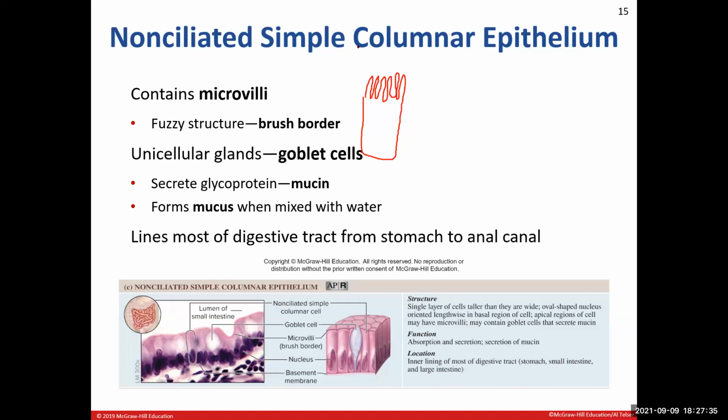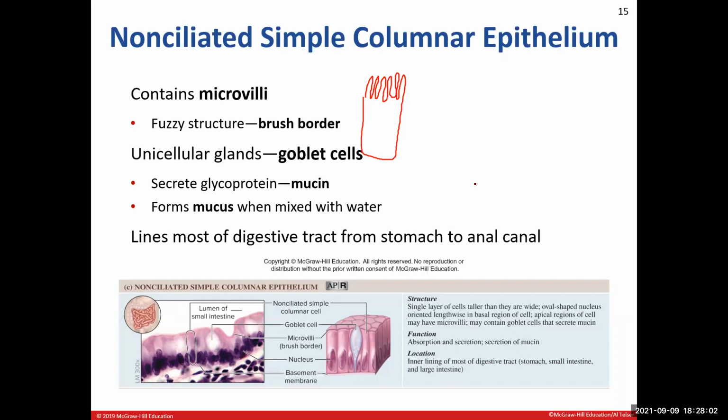I know it's like, hey, what the heck? But to be honest with you, when you get into the kidney tubules, you'll learn that some of those cells will have microvilli, well, cilia-shaped projections going on. Keep in mind, there's always exceptions to the rule. Not in every situation, but there's always exceptions to the rule.